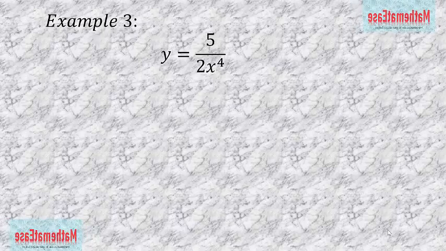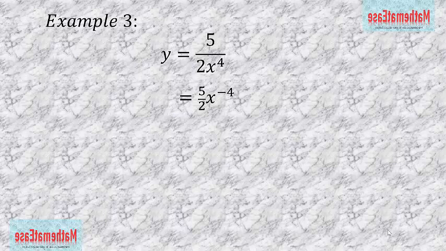Another one. y = 5 over 2x^4. This one also you can rewrite. So we write it as 5/2 x^(-4). You know, in indices, when you have a denominator with a power and you want to write it as a whole number, then that power becomes negative.